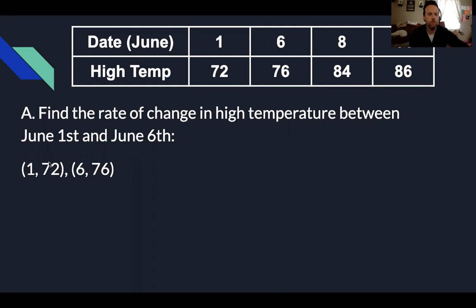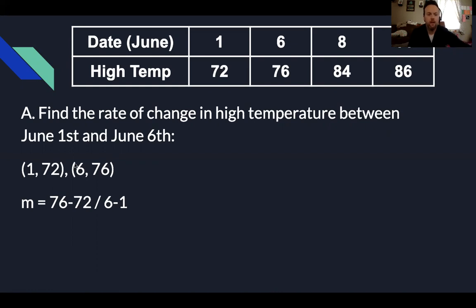So on June 1st, the temperature was 72 degrees. On June 6th, the temperature was 76 degrees. I pulled those two numbers out and wrote them here as coordinates, (1, 72) and (6, 76). Coordinate 1 is June 1st. Coordinate 2 is the information about June 6th. So I plug that into our slope formula.